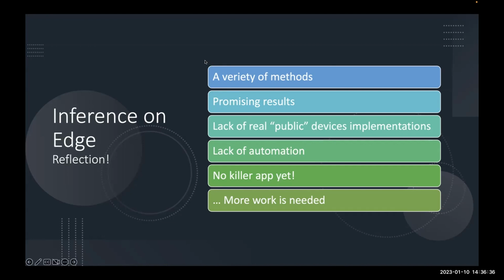I'm insisting on this because when we attend different talks, we assume that the inference is done and we have done everything on it, which is not the case, right? So there is a lot of work in terms of industrial implementation and concretization of this inference on the edge that needs to be done.